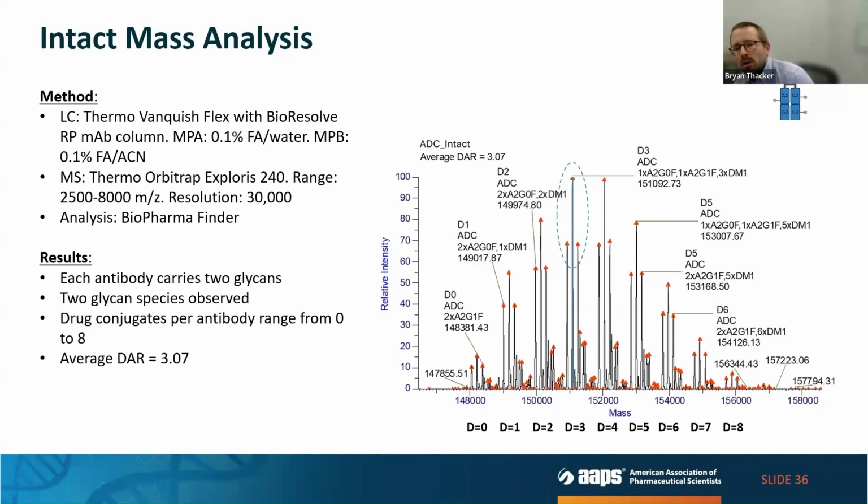Too many peaks here to put all the labels on, but you can see maybe looking at that highest peak there, the D3 ADC, that's identified the ADC molecule in there. And then the annotation underneath that indicates the glycoforms, the glycans that are present with the G0F and the G1F glycans, and then the number of drug molecules. In that instance, it's 3 drug molecules per antibody.